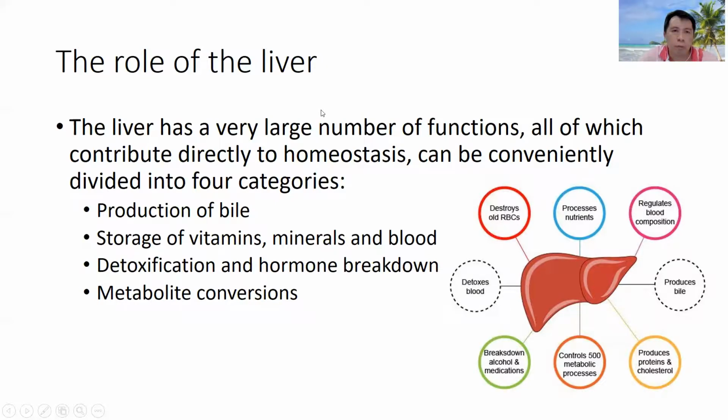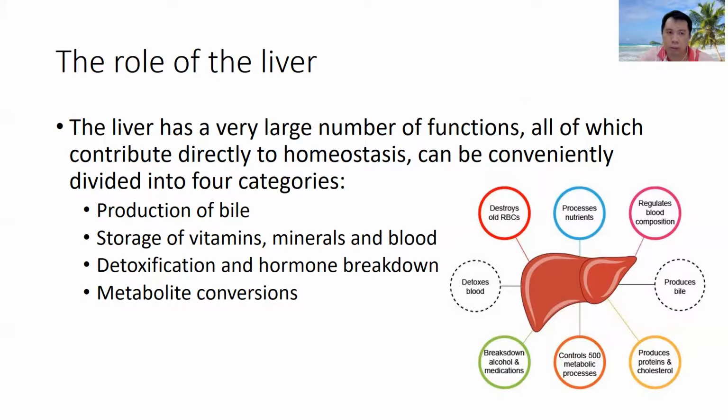The liver has a very large number of functions, all of which contribute directly to homeostasis and can be conveniently divided into 4 categories, according to our syllabus. So first is the production, like just now we already discussed, and storage of vitamins.